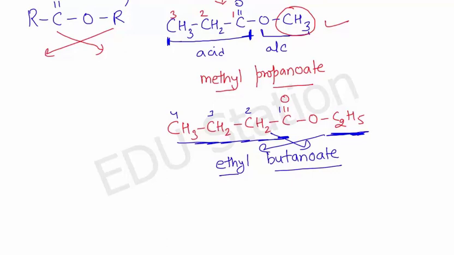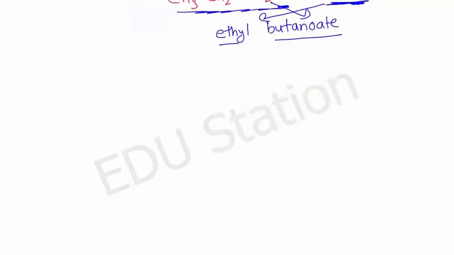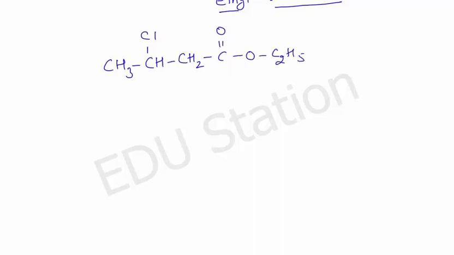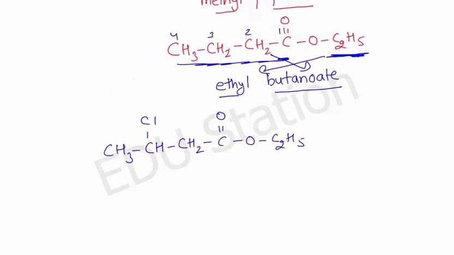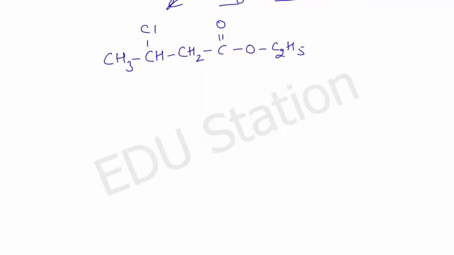Now if I have some other functional group, say we'll take the same example of ethyl butanoate, and I replace one of the hydrogens. If you look, say this hydrogen has been replaced by a chloro. Now I have to name this. Alcohol will not be preferred, so the name starts with ethyl.